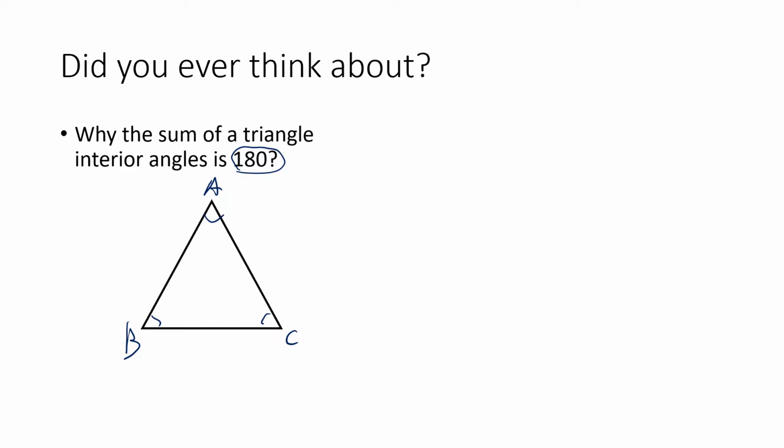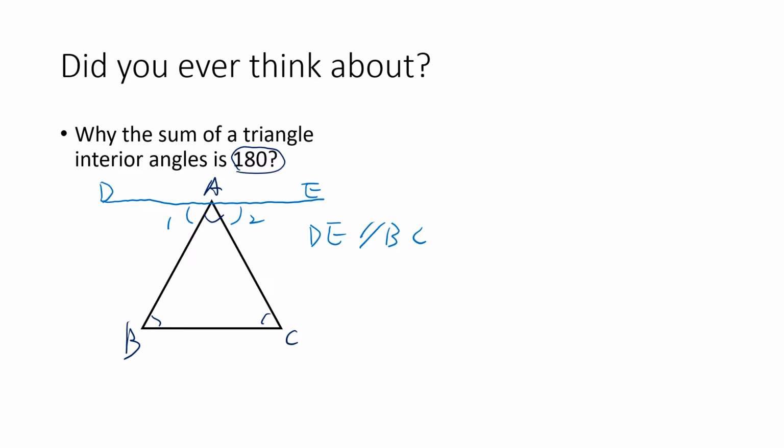Okay, I think some of the students might already know that. The proof is something like this. We draw a parallel line called DE. DE is parallel to BC. And then we get angle 1 and angle 2 here.